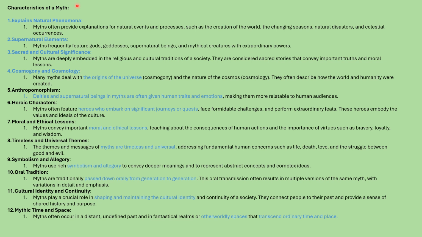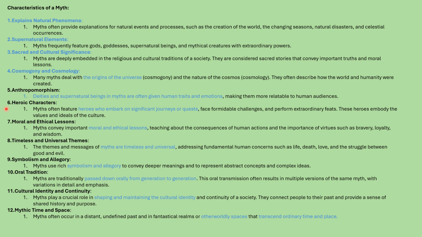Here are some characteristics: explains natural phenomena, supernatural elements, sacred and cultural significance, cosmology, yes, how the universe began. We said that they talk about gods, but they give these gods human qualities so that we can understand them.